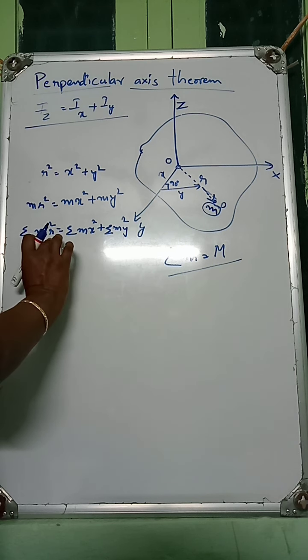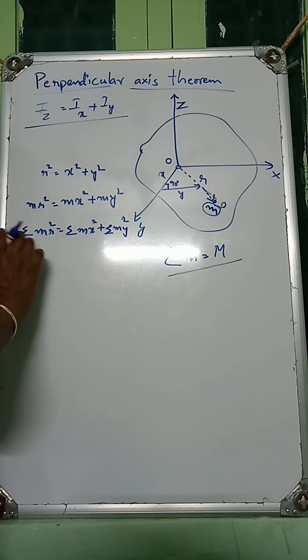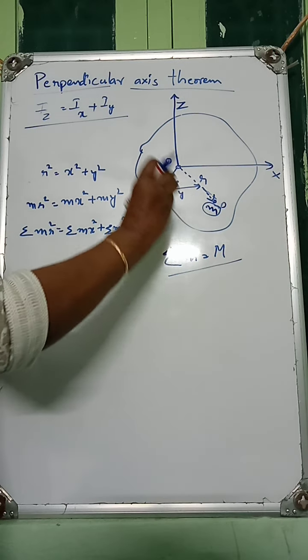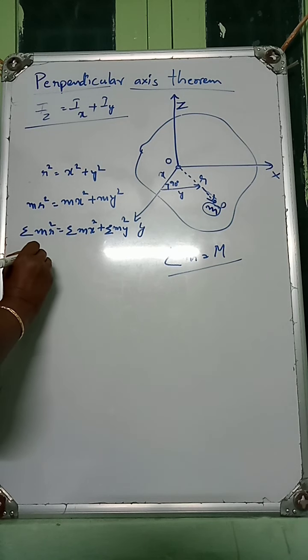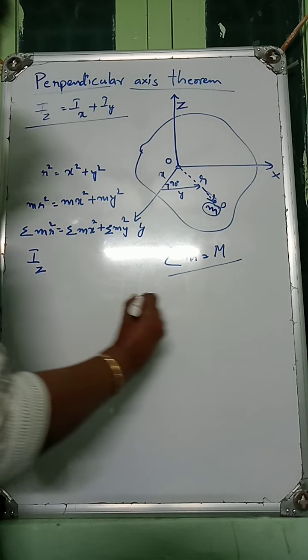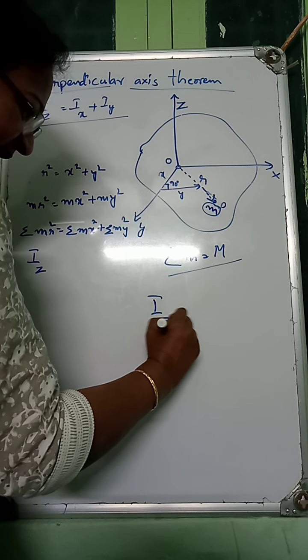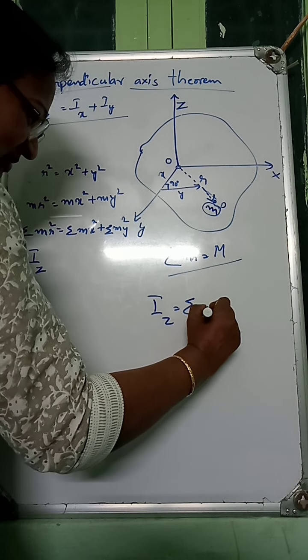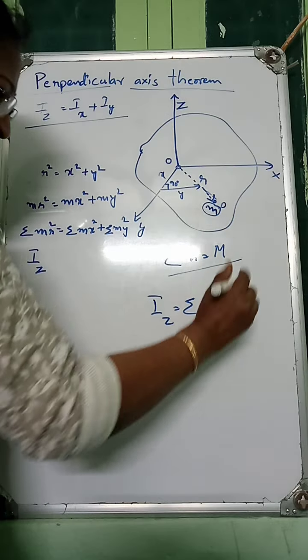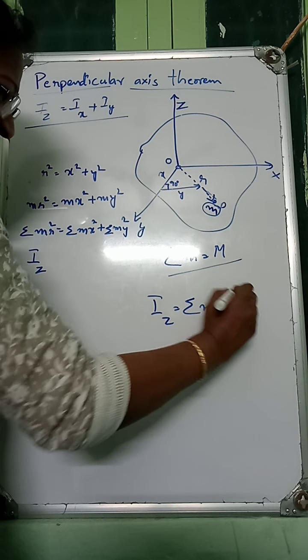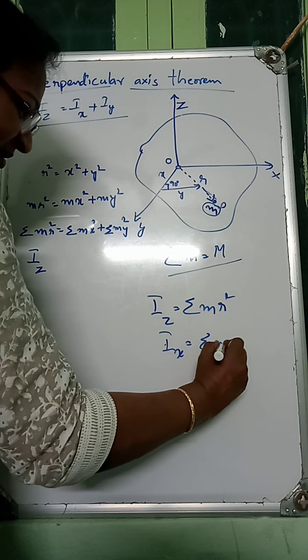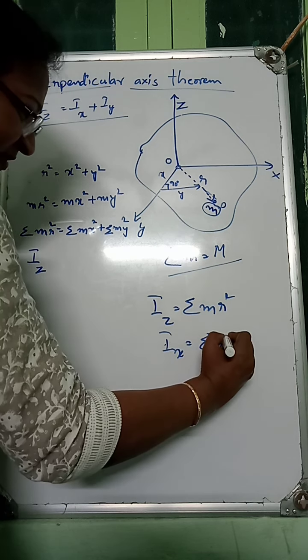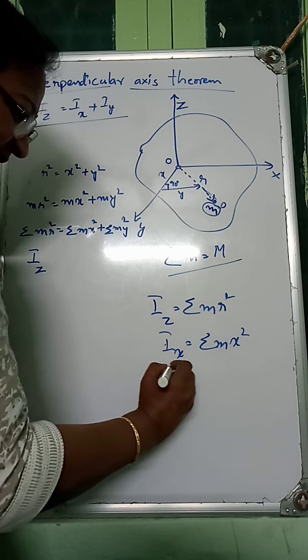What is sigma m r square? Total mass of the lamina and its distance from z axis, that is moment of inertia about z axis, Iz. We know that Iz equals total mass of the lamina and its perpendicular distance from z axis. Ix is total mass of lamina and its perpendicular distance from x axis, which is y square.